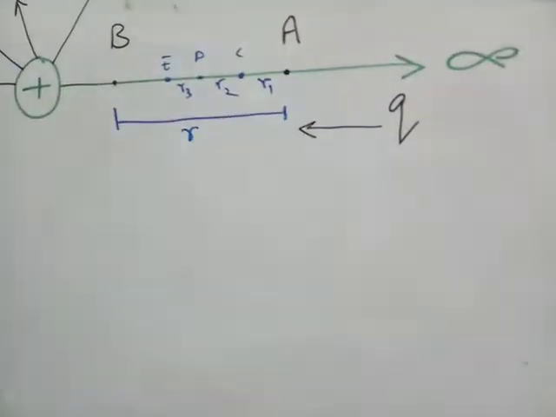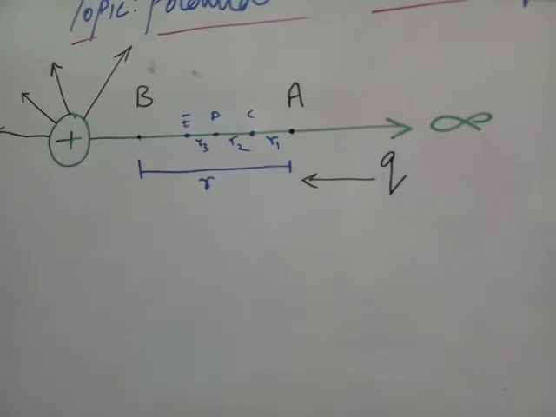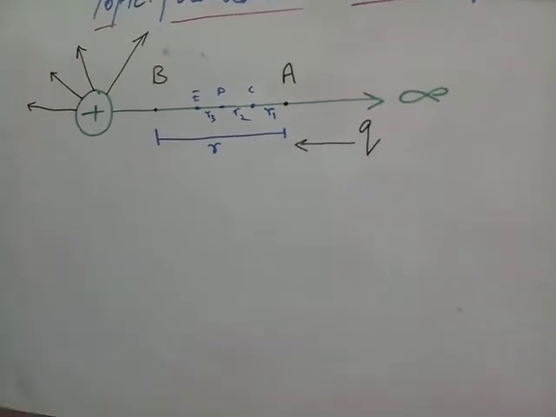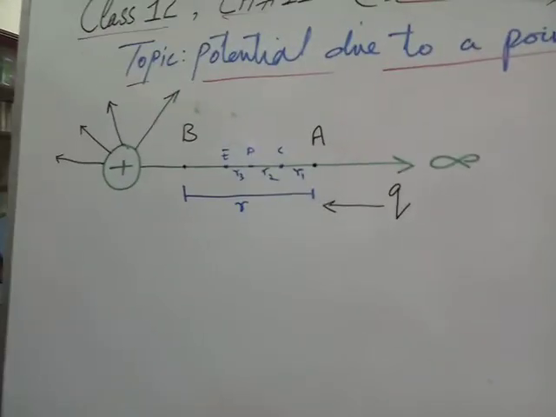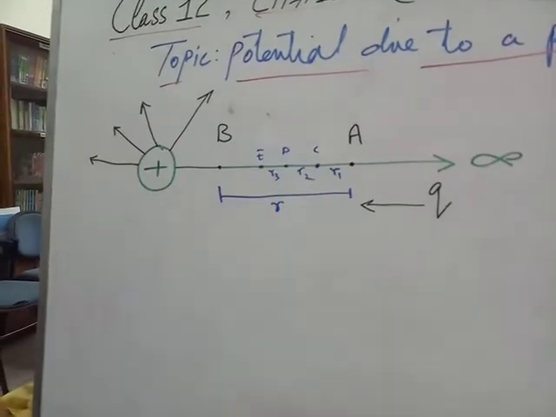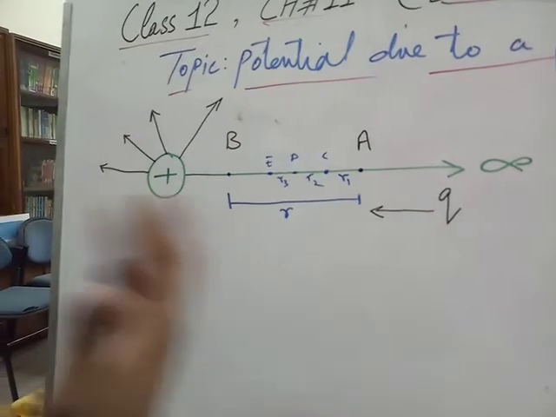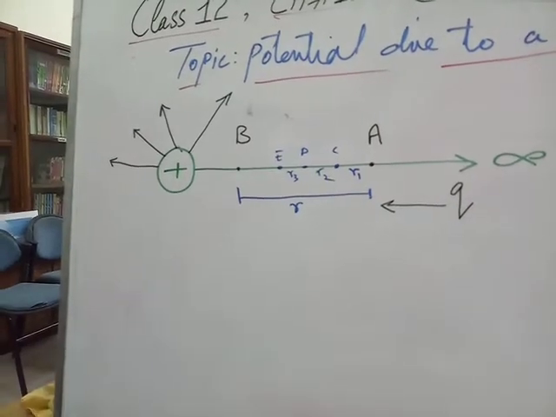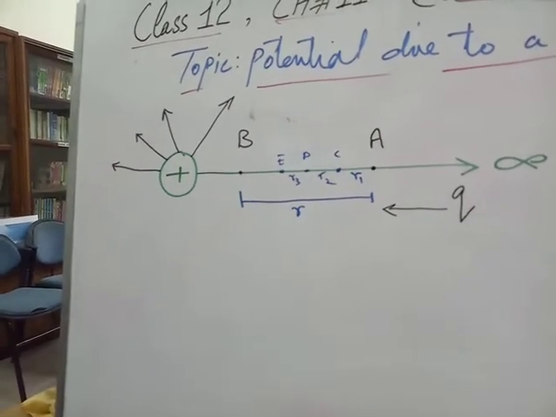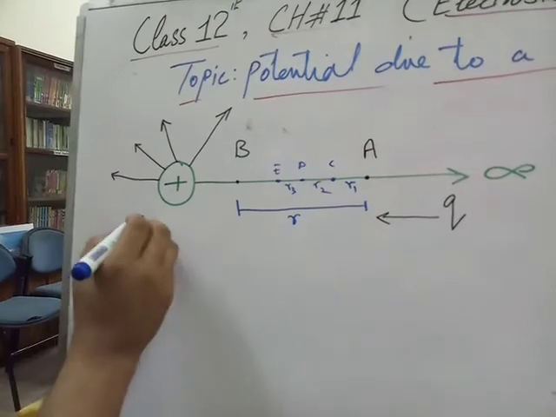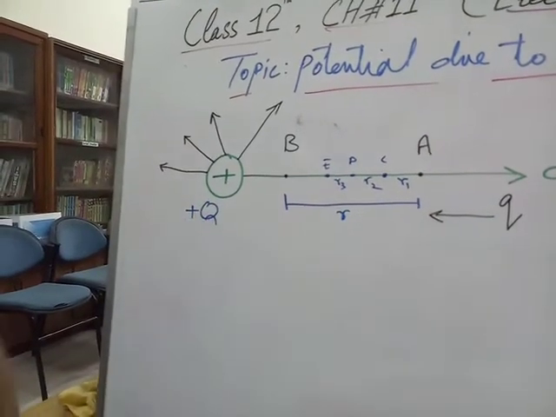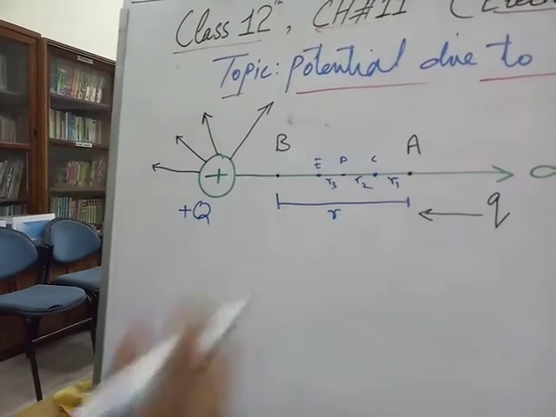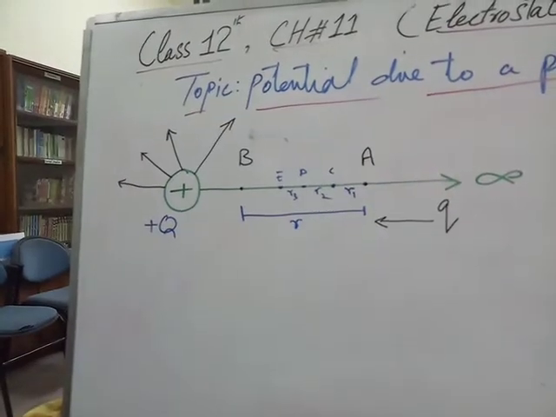So we can divide this patch into small intervals. If a test charge is placed at infinity, the force on it due to this positive Q charge is 0, because the distance is too much.